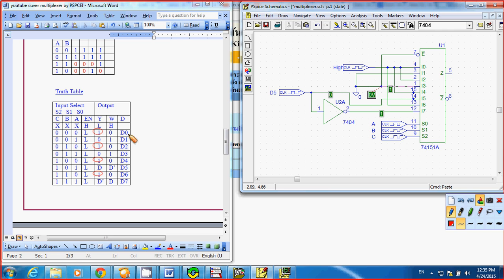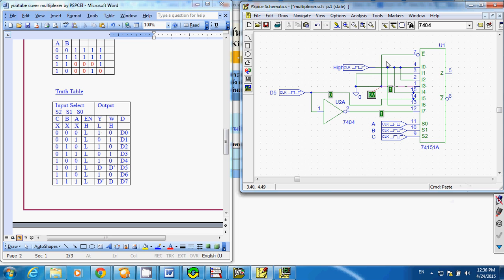Let's do D0, D2, D4, and D6. See that? I have these pins connected together, and then I connect this one to digital logic high or 1.